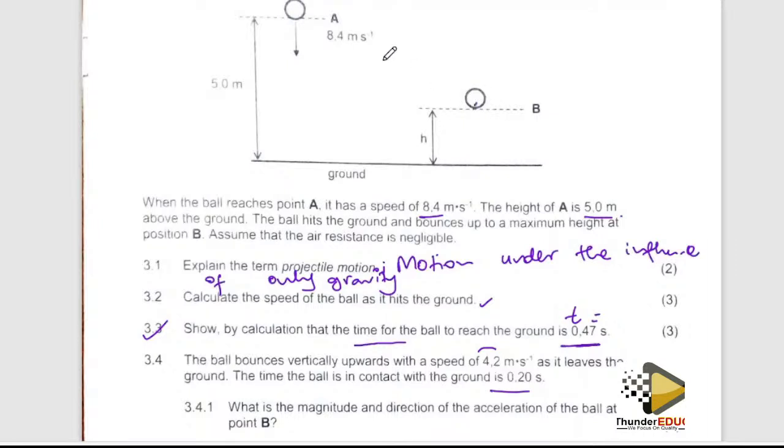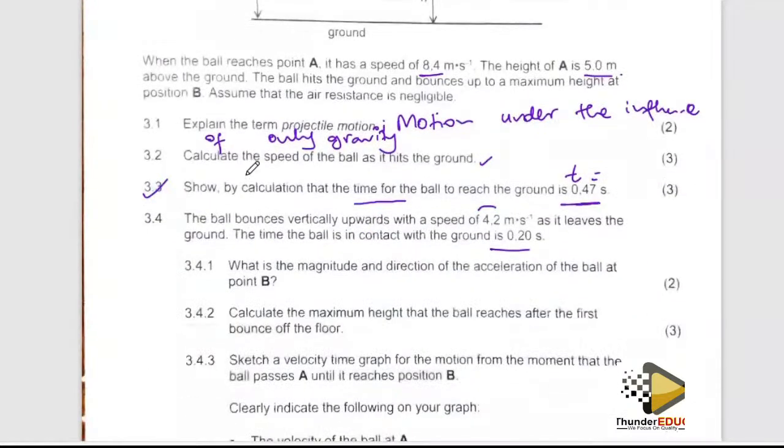Whether it's at B or at A, the acceleration will always be 9.8. And in which direction does acceleration work? It must be downwards. So 3.4.1 is going to be 9.8 meters per second squared, but downwards.